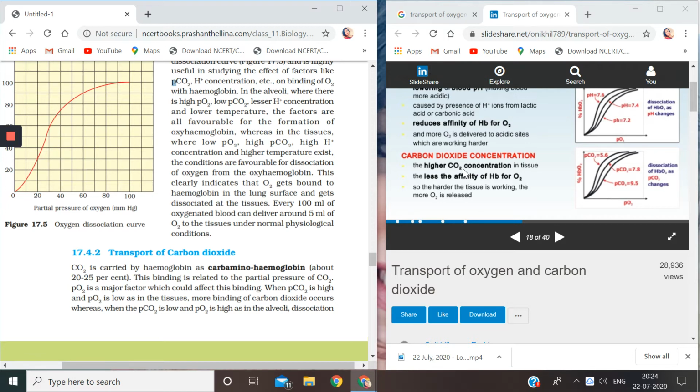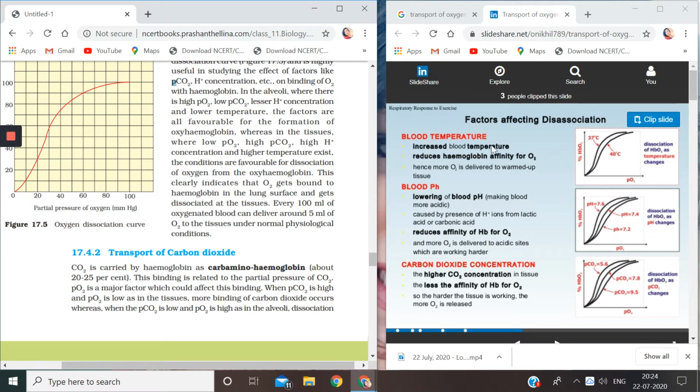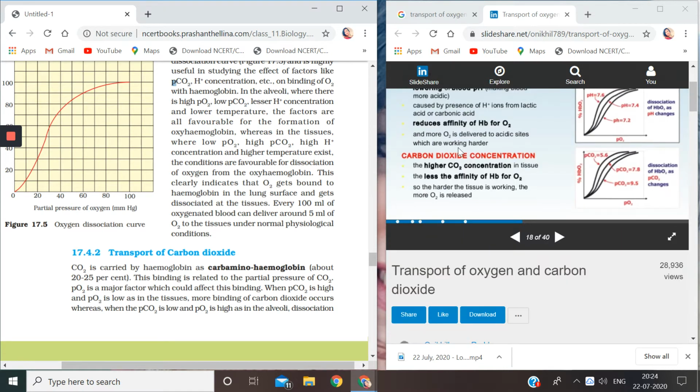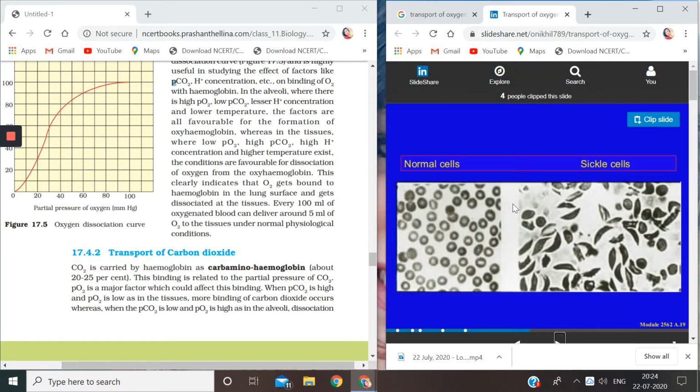At the tissue level, the environment should be like this: blood temperature should be high, blood pH should be low, and partial pressure of carbon dioxide should be higher, so that dissociation occurs and the tissues can take up the oxygen to do whatever work they want to do. I hope I am clear with this point.